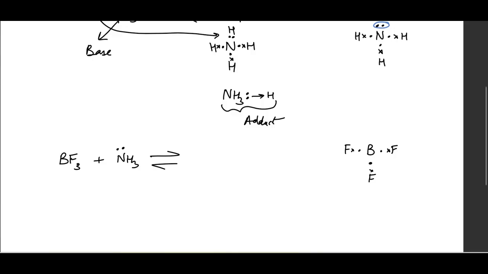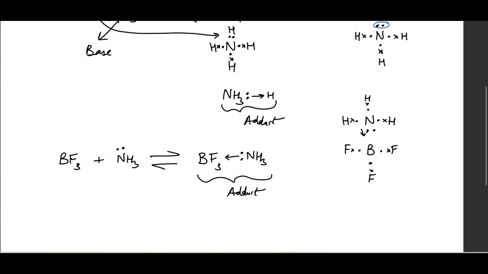So now this will form an adduct. How will you write an adduct? Boron trifluoride, and the electron pair is donated by ammonia. So this is an adduct compound we are getting. Here again, because nitrogen has a lone pair of electrons in ammonia and boron needs those electrons, nitrogen has already bonded with hydrogen using its three electrons, and the fourth pair of electrons it is donating to boron, forming this adduct.